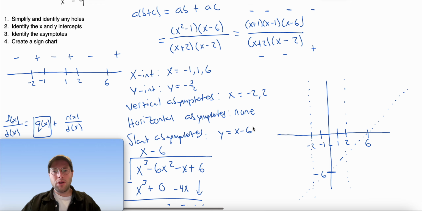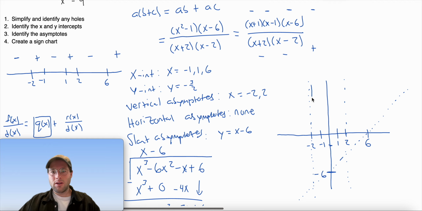So let's see here. We know that between negative 1 and 1, we're going to be negative, and then from 1 to 2, we're positive, and between negative 2 and negative 1, we're positive, and we have a y-intercept right here, and so that means that this is going to look something like so.